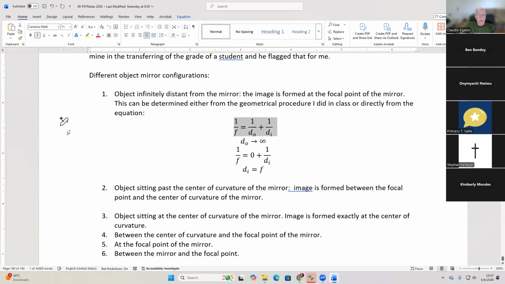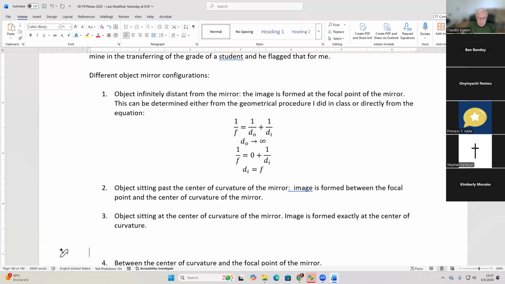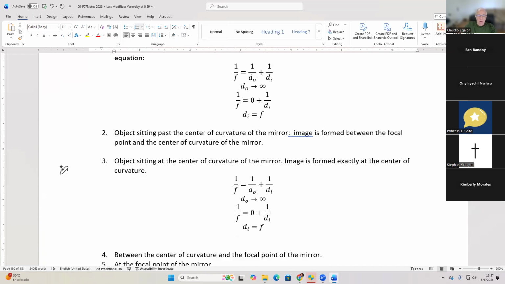And again, this can be appreciated from the equation of the mirror, right? Here, C is going to be two times the focal point.